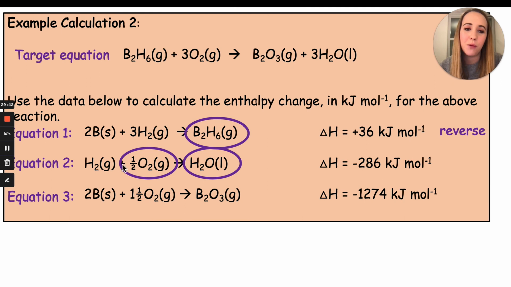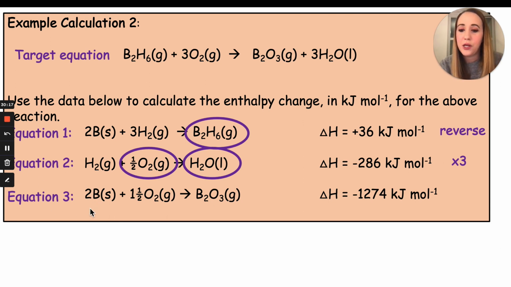So that will change how much oxygen we've got as well, which might help us get to this goal. But we do have the other equation to help with that as well. So don't worry about the oxygen. Focus on the chemical that only appears in that one equation. That's our priority. That's what we have to get in the right place with the right number of moles. And anything else will sort itself out. So equation 2, we're going to multiply by 3, and we'll do the same thing with the delta H value.